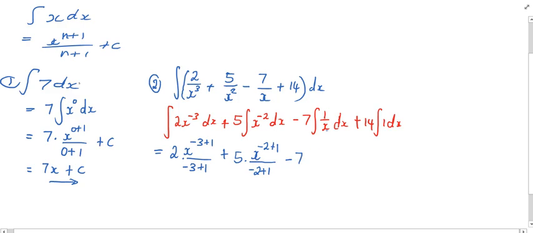So the integral of 1 over x is the natural log of x, plus the integral of a constant term, it's 14x plus c. Then we are required to simplify.